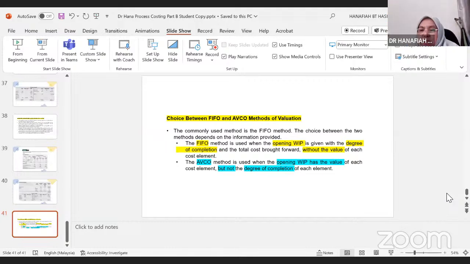Okay, this actually the FIFO or average cost method here is for you to use in your production. It's nothing to do with the purchase price of the inventory in your record in your financial statement. This is for the purpose of production actually.